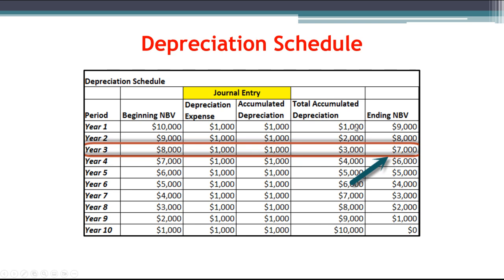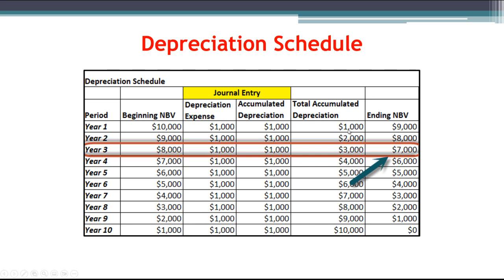As the accumulated depreciation increases, the ending net book value decreases. Now in this very simple example, we're going all the way down to zero. There's no salvage value. So that means the accumulated depreciation will increase all the way to the total cost, and therefore the ending net book value will decrease all the way down to zero.